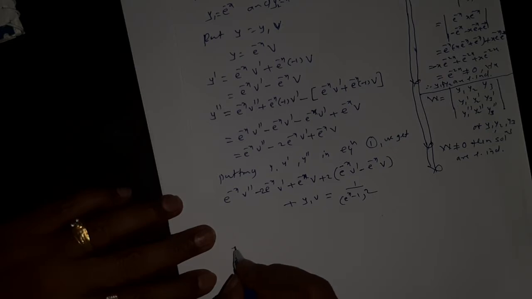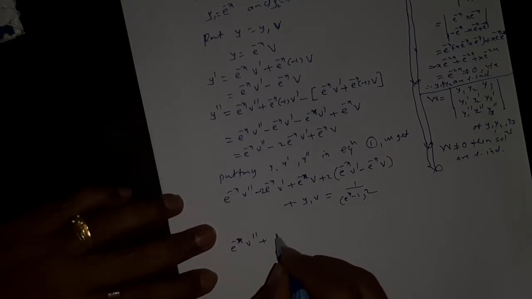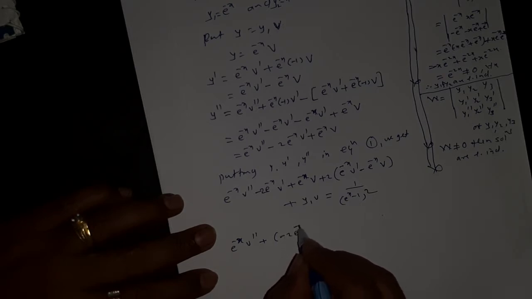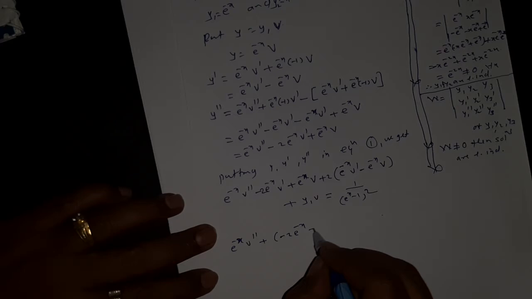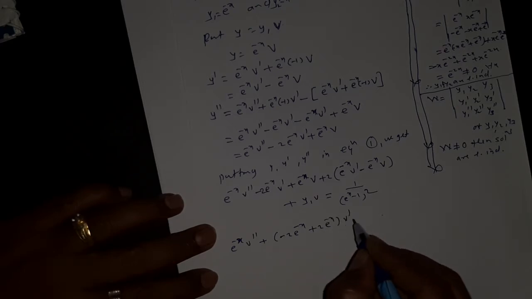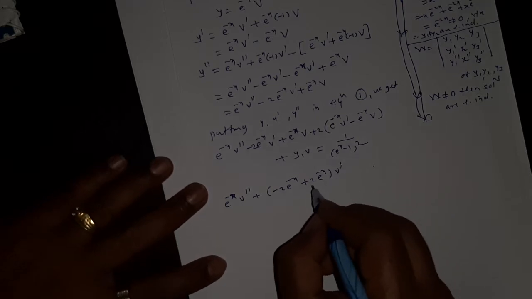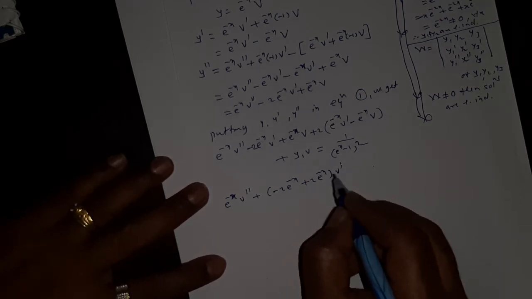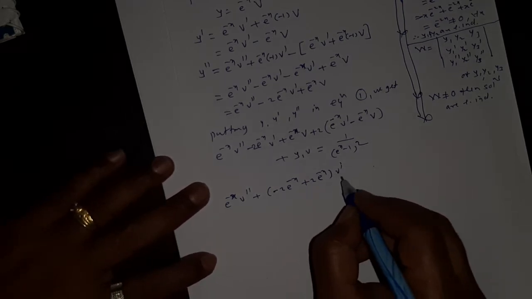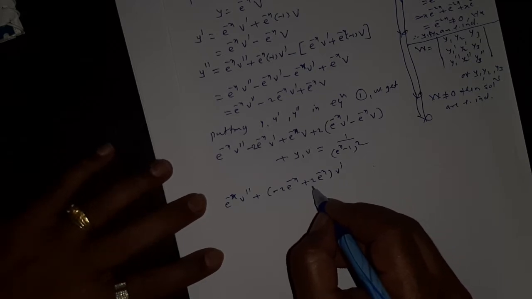Then collect the coefficients of v double dash, v dash. So what are the coefficients of v dash? Minus 2 e raised to minus x and plus 2 e raised to minus x, times v dash. And the value of the coefficient of v dash is 0. In every problem, the coefficient of v dash becomes 0.